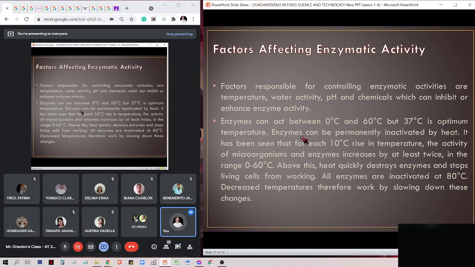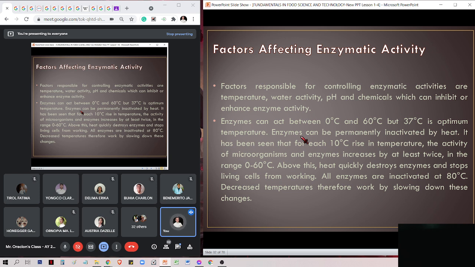Okay, factors affecting enzymatic activity. Factors responsible for controlling enzymatic activities are temperature, water activity, acidity, and chemicals, which can inhibit or enhance enzyme activity. In all, there are different factors to consider in chemical reactions in a certain food.